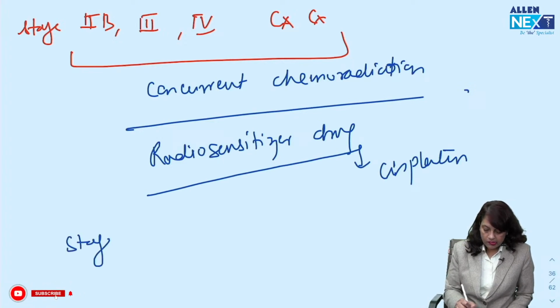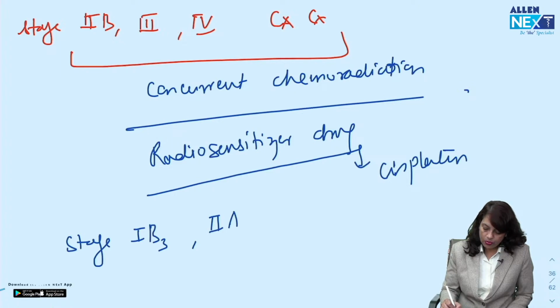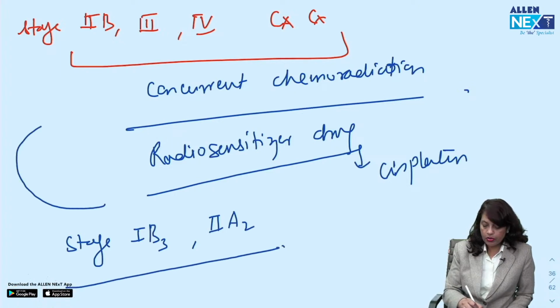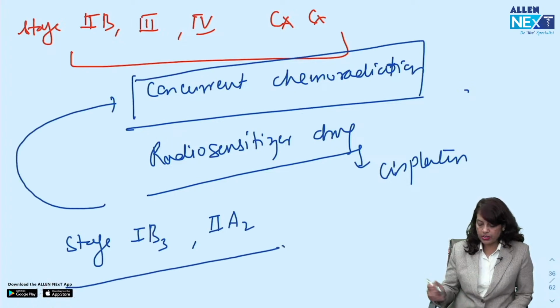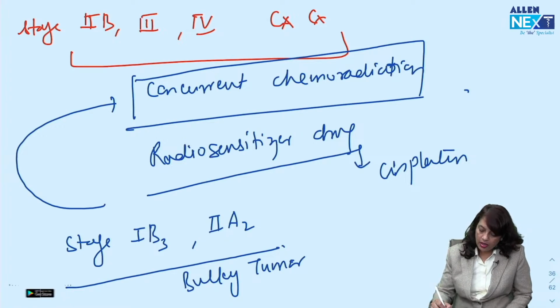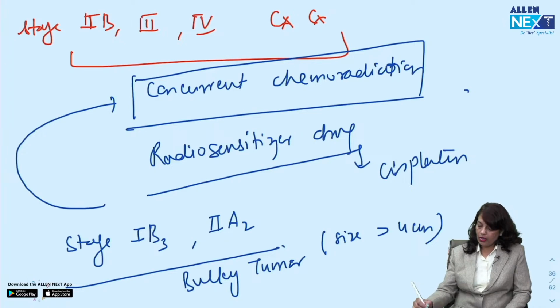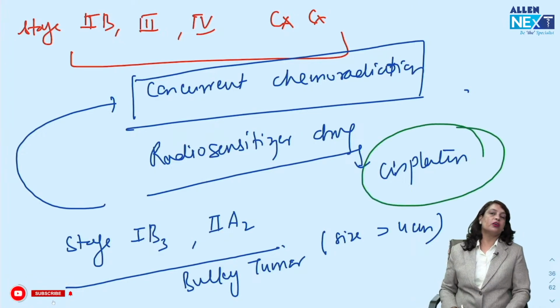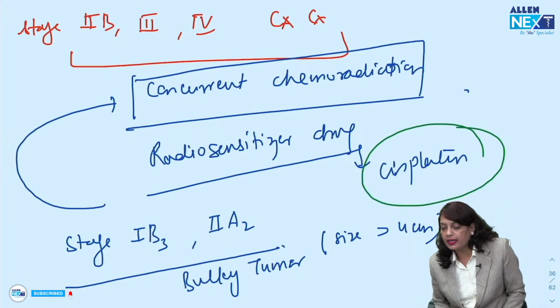Also remember, stage 1B3 and stage 2A2 also require concurrent chemoradiation, because these are bulky tumors that do not respond well to surgery, and the size of the tumor is more than 5 centimeters. What chemotherapeutic drug is used as a radiosensitizer?